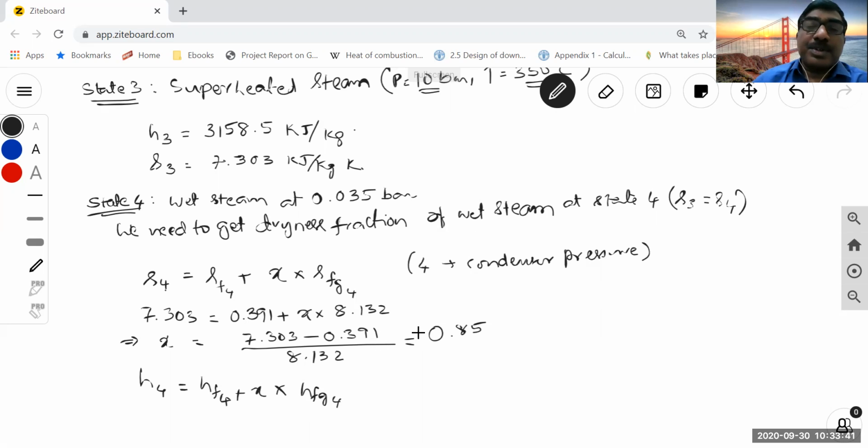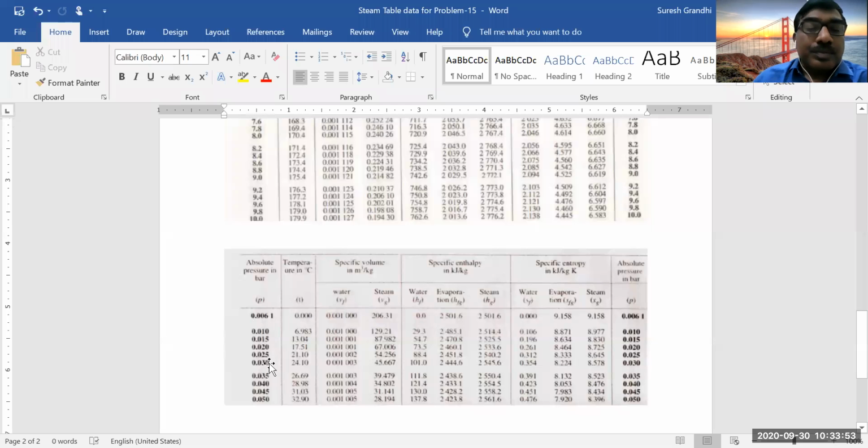So again we have to go to the tables. At 0.035 bar, HF is equal to 111.8 and HFG is equal to 2438.6.